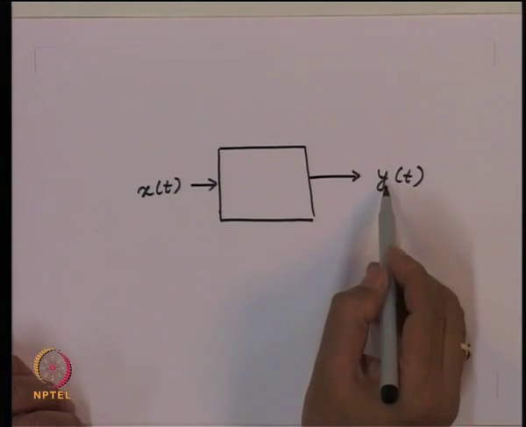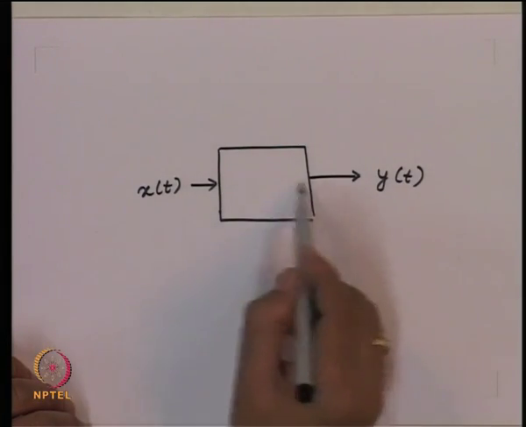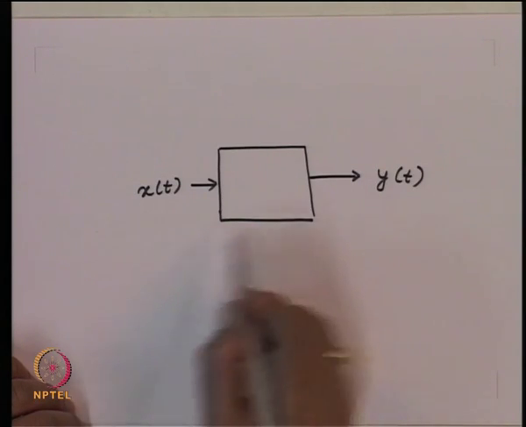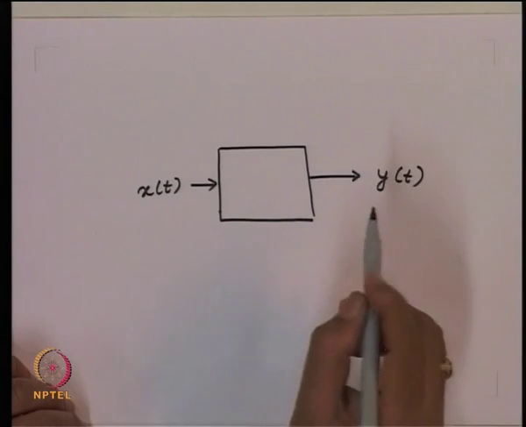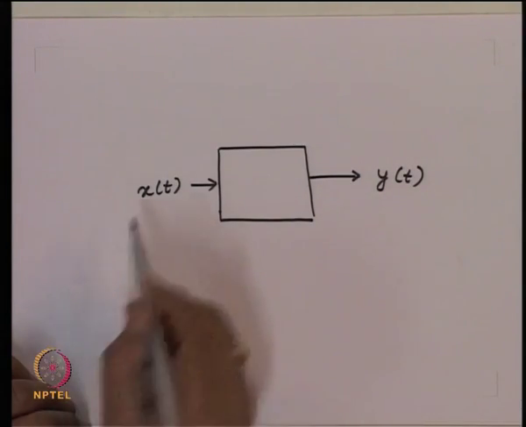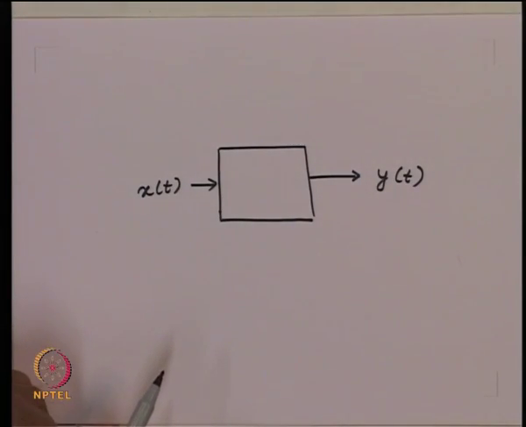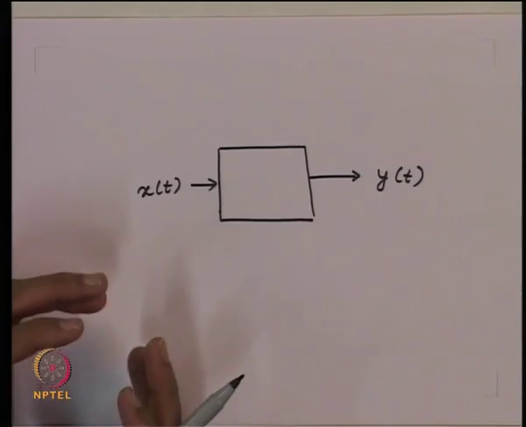We say the signal is not distorted while passing through this system if y of t is a replica of this signal x of t. However, while saying replica, if the amplitude of this signal as a whole is reduced or increased, then we do not call that as a distortion.